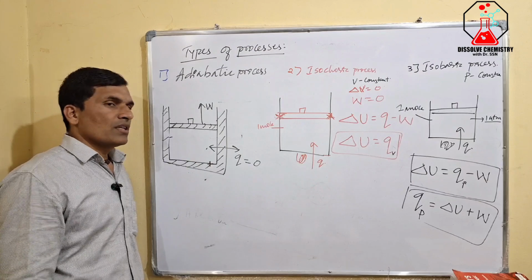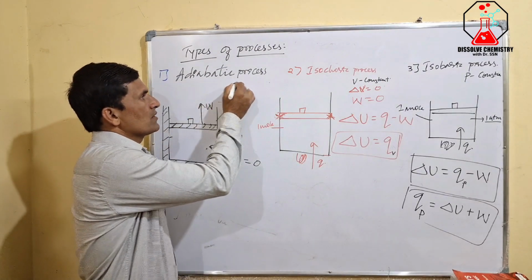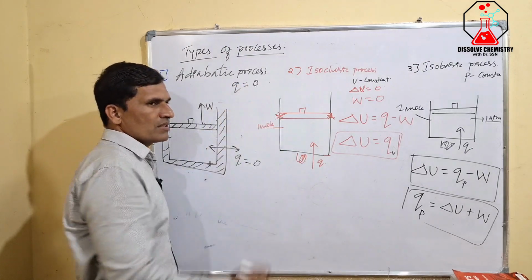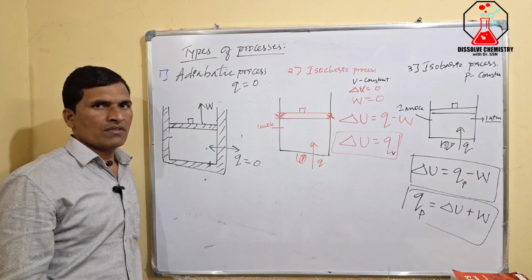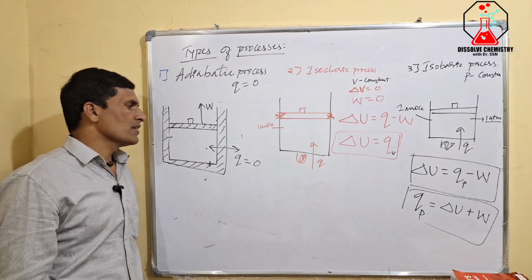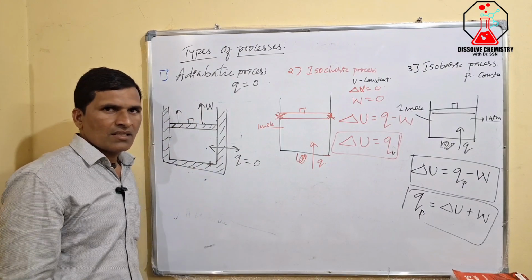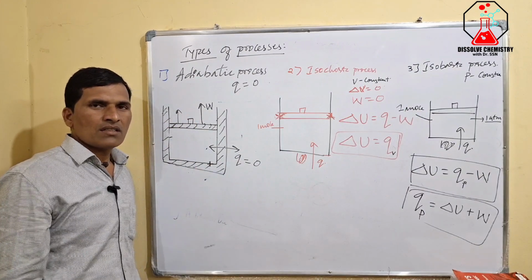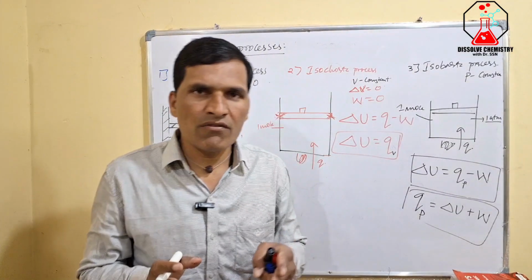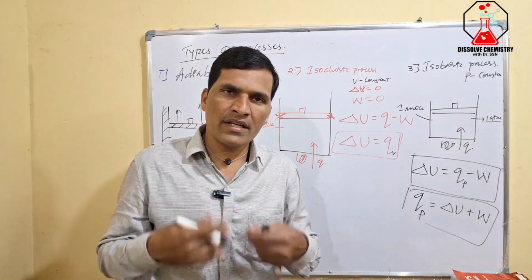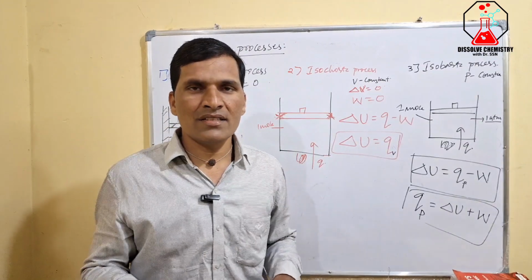So therefore, if the system does work, Q is equal to 0, meaning the change in heat content of the system will be 0. Suppose it is doing expansion work, then what does it have to do? Now the supply route is cut off, meaning heat is neither given nor taken. It has to utilize its internal energy.